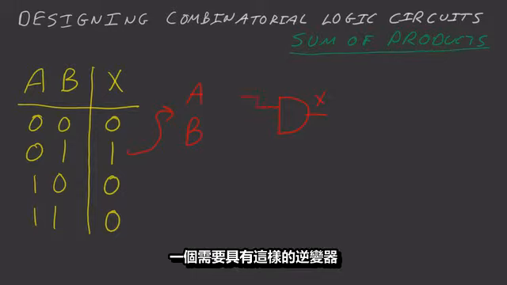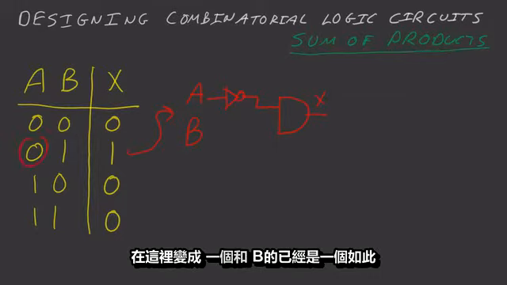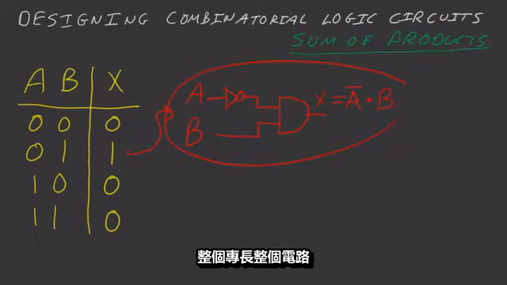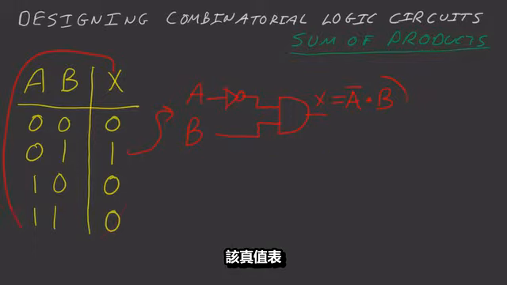A needs to have an inverter, because we've got to convert the 0 of A into a 1, and B's already a 1, so we can feed B straight into our AND gate. And believe it or not, that's it. X equals not A, because we've inverted it, and B. And believe it or not, that is the entire circuit for this truth table.